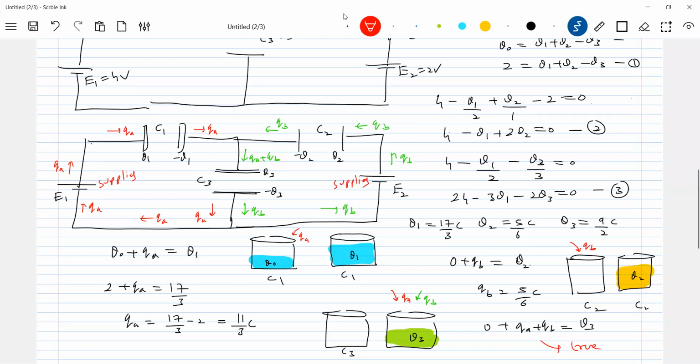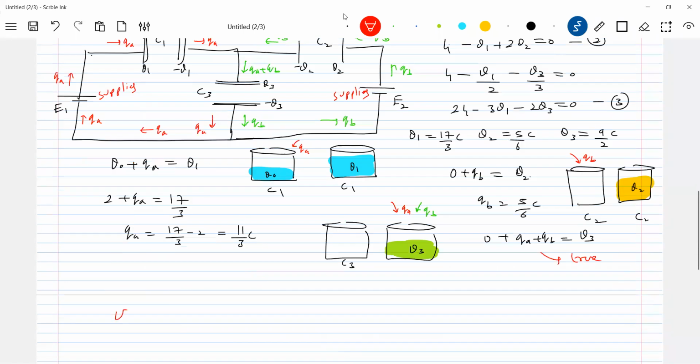So let's write the equation: initial energy in the circuit UI plus work done by the cell E1, work done by the cell E2 equal to UF plus heat generated. Initial energy is not 0, there is some energy there. Q naught square by 2C1, plus QA times E1, plus QB times E2, equal to Q1 square by 2C1.